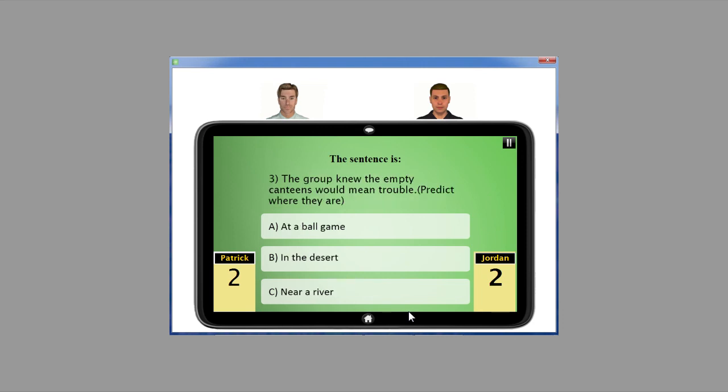The sentence is, the group knew the empty canteens would mean trouble. Predict where they are. I don't know. I am going to answer B. In the desert.